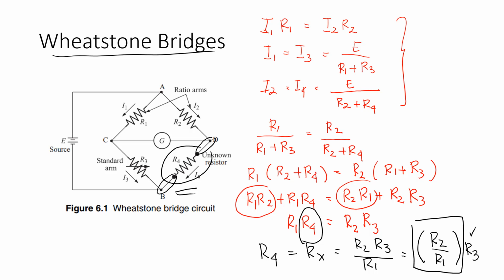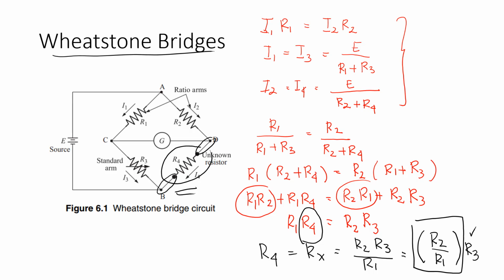Another limitation is the change in the resistance value in the arms of the bridge, which sometimes happens because of a rise in temperature.